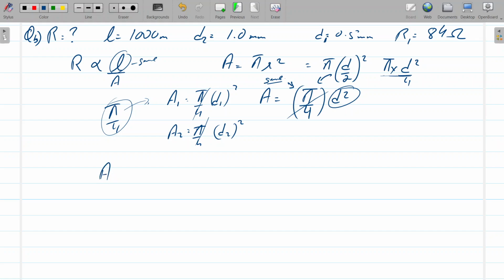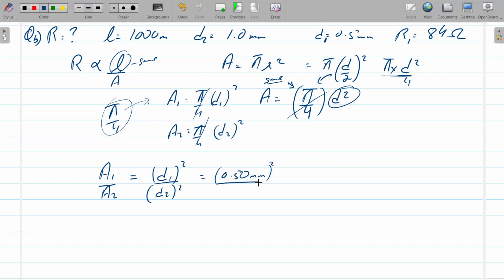Area 1 over area 2 equals d1 squared over d2 squared, which is, what do we have? 0.50 squared.